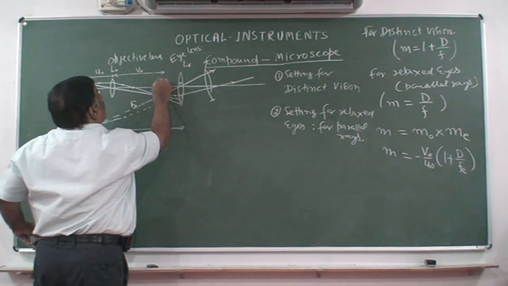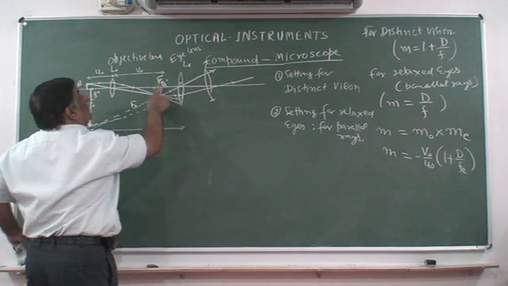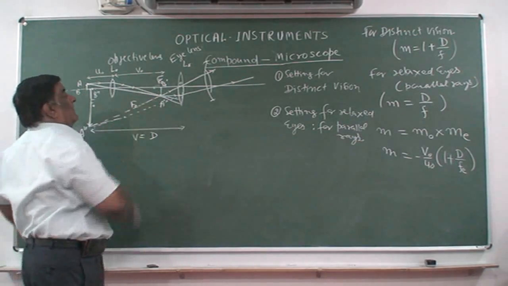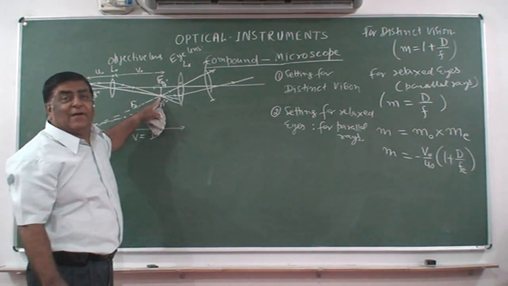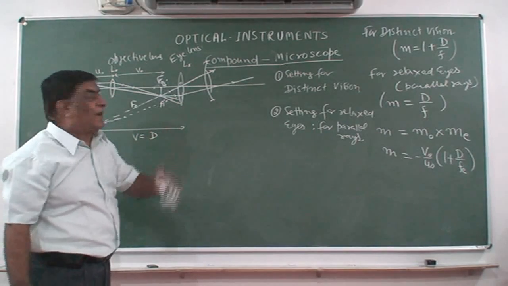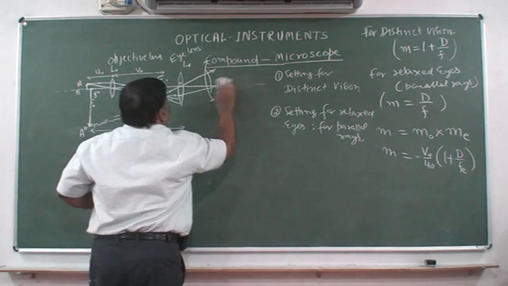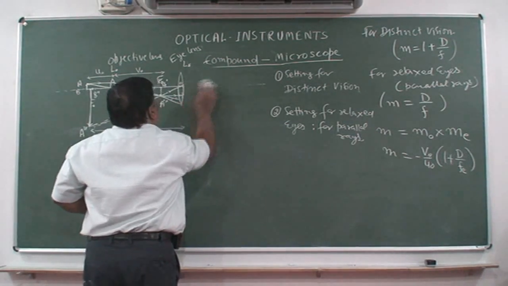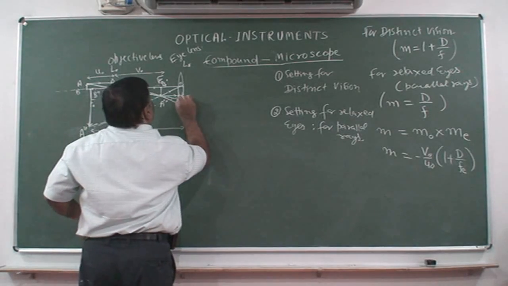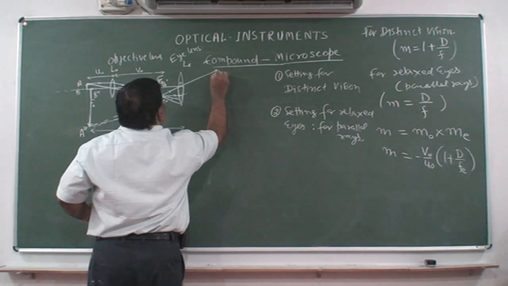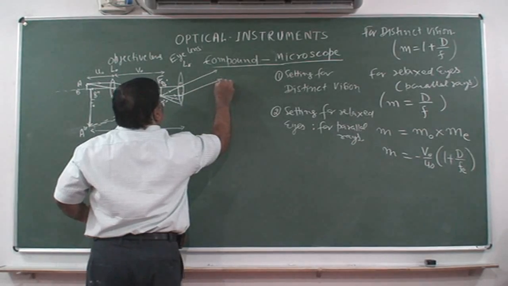The same point is FO, where the image is formed on the focal length. Anything on the focal length after refraction will become parallel. So what do we see here? That the rays become parallel after passing through it. So this goes like this and this goes like this.